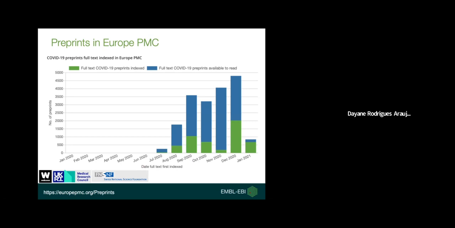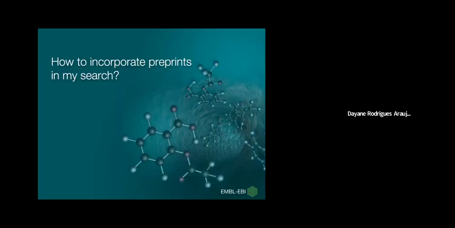This initiative was supported by Wellcome, the UK Medical Research Council, and also the Swiss National Science Foundation. And it's also endorsed by the chief scientist of the World Health Organization. You can read more about preprints in Europe PMC on the link provided in this slide.